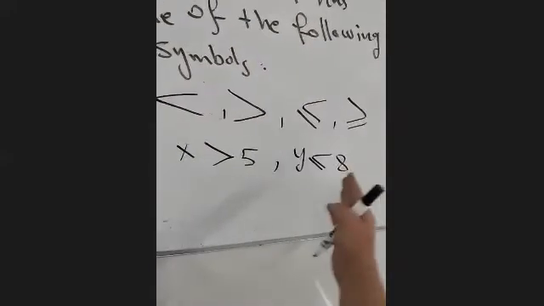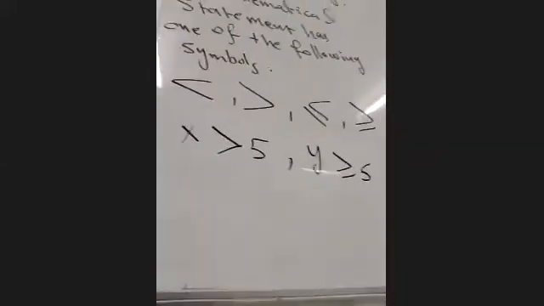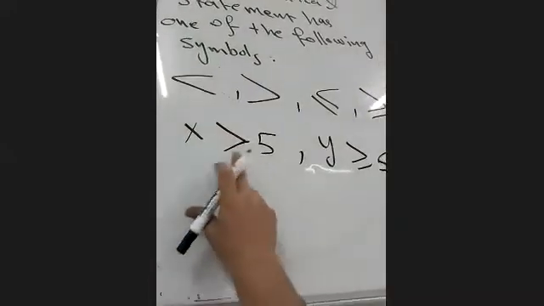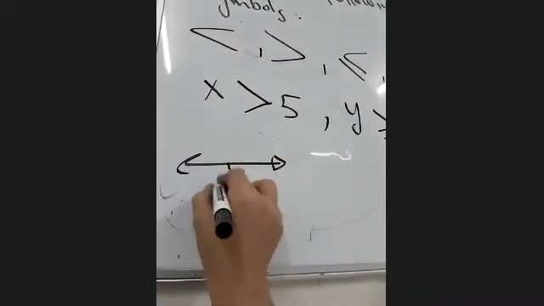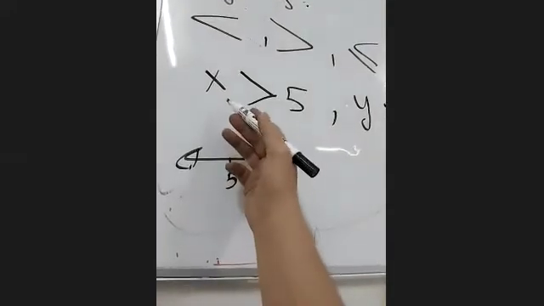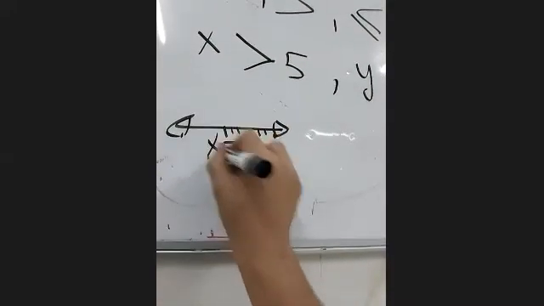What's the difference between these two? Or I will change this to be y more than or equal 5. I will take more than and more than or equal. Now, what's the difference between them? Here, x more than 5 means, look at the board, guys, if this is 5 on the number line, x takes the numbers which are more than 5, but not 5.